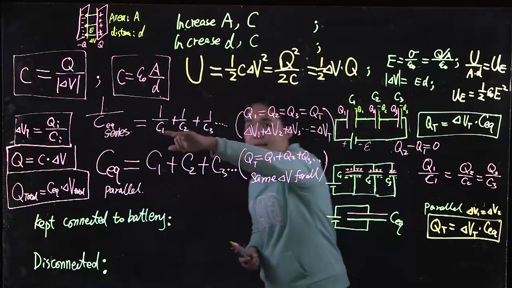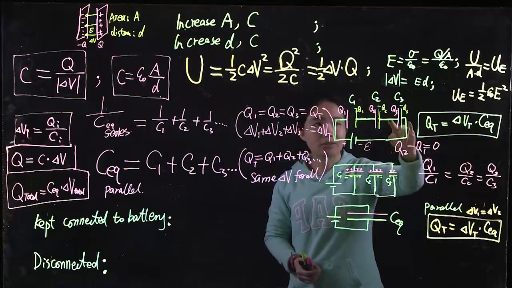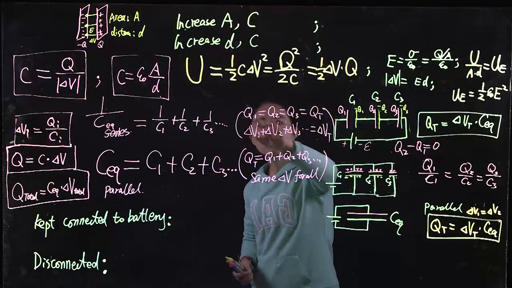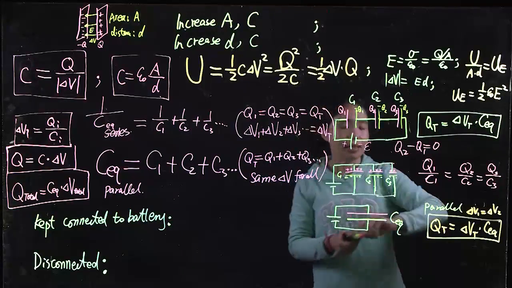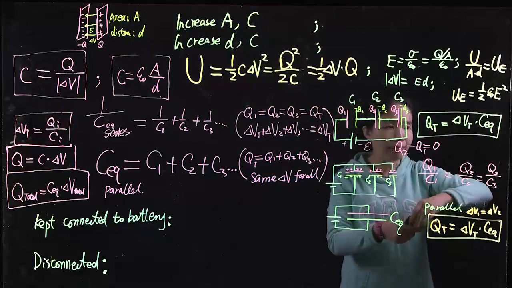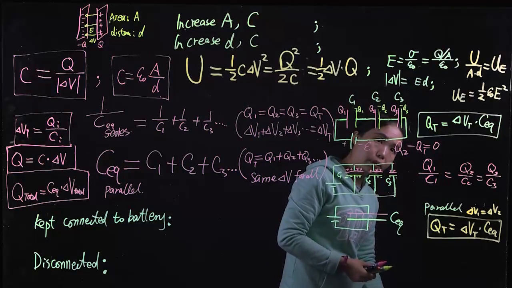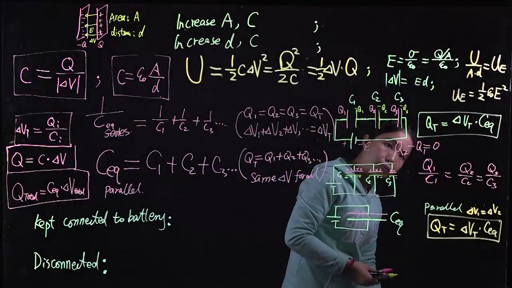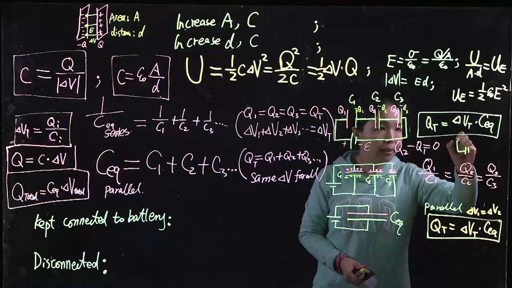So when they are in series, voltage may be different. Voltage adds together to give you the total voltage. However, each one of them has the same Q1, Q2, Q3, and that's equal to Q total. And this is as if you have a capacitor which is combined together.